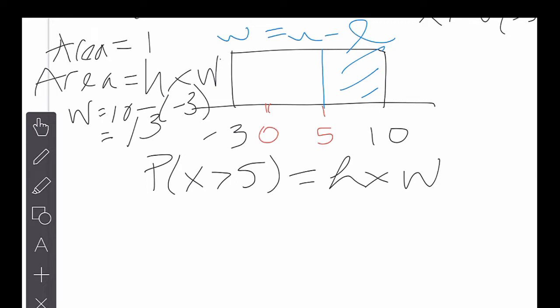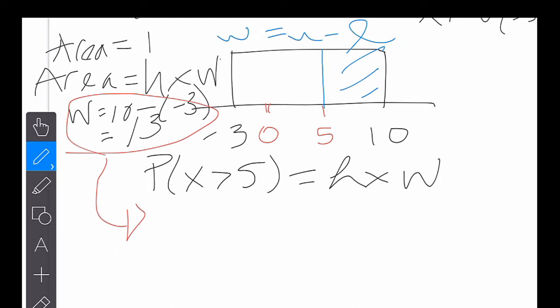All right, so that's the width. So now with this information, I can find the height. This is the first step.